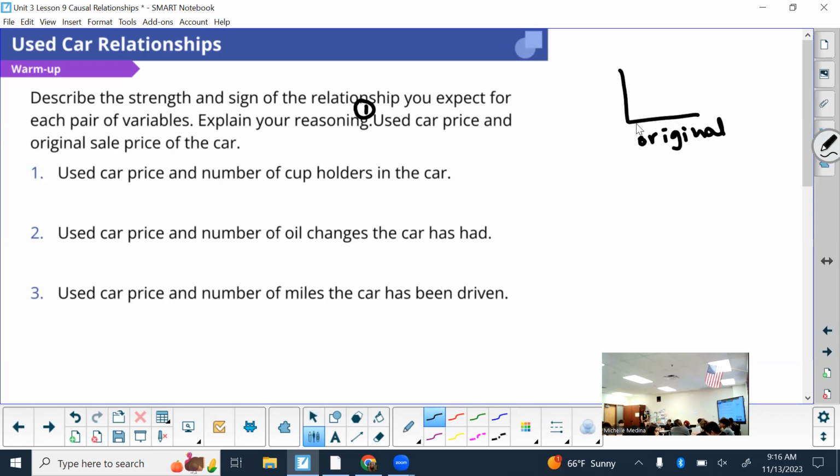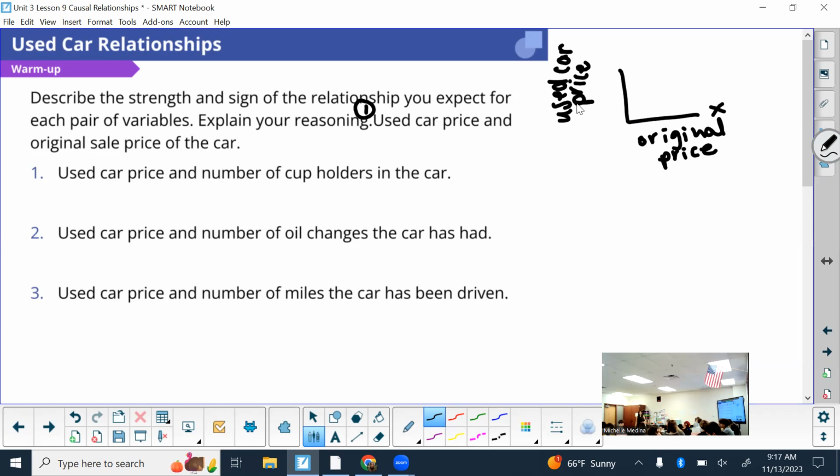So my independent variable, my original price, would go on my x-axis. My used car price would go on my y-axis because it depends. Cars that were originally more expensive are probably still going to be more expensive used than other cars.